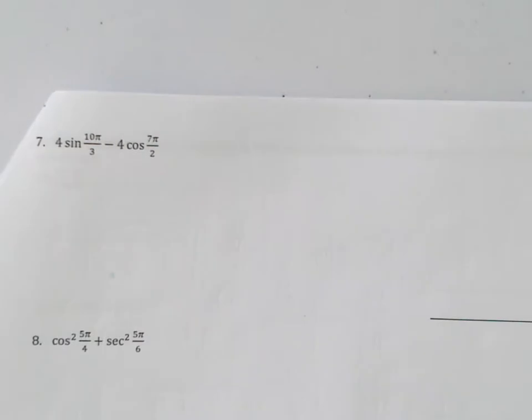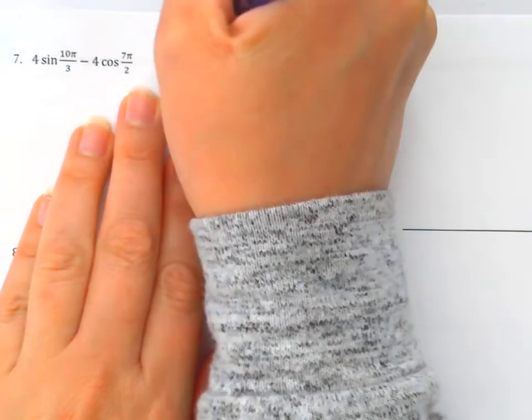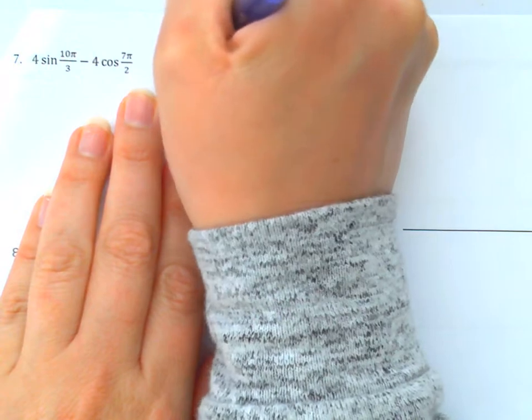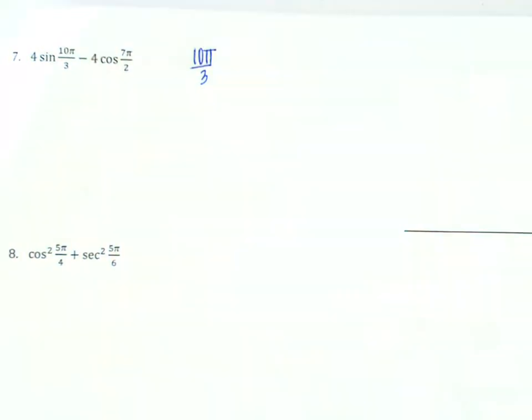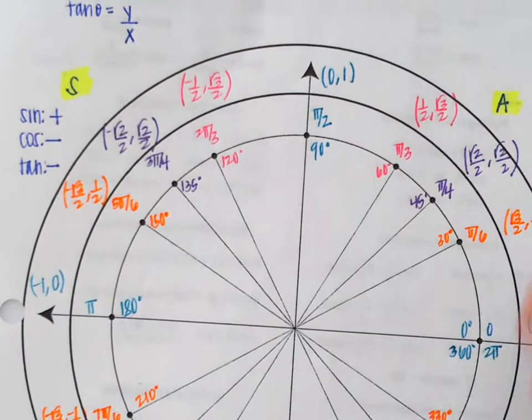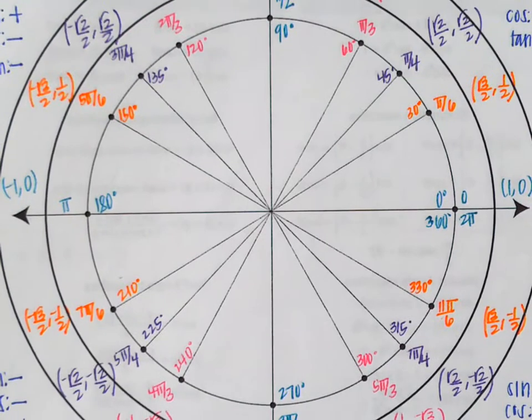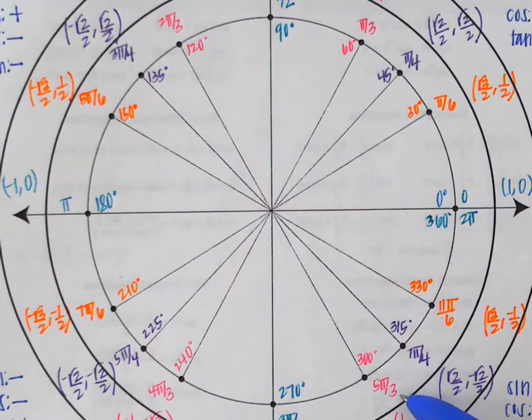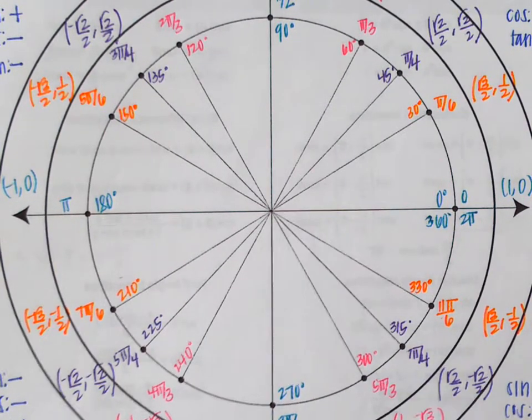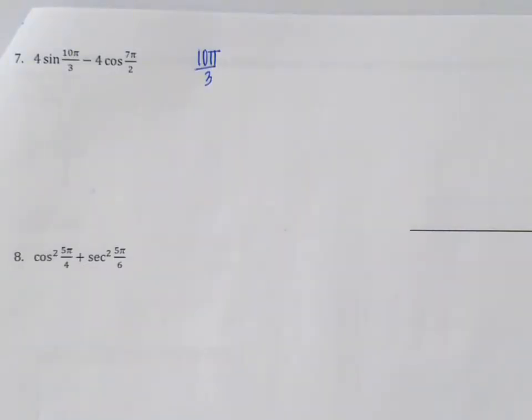Okay, so let's go through 7. I'll start with the unit circle method first, and then I'll do reference angle second. So 10 pi over 3. If I were to go onto my unit circle and ask where 10 pi over 3 is, the highest over 3 one that we have is 5 pi over 3. So first we have to find the coterminal angle.